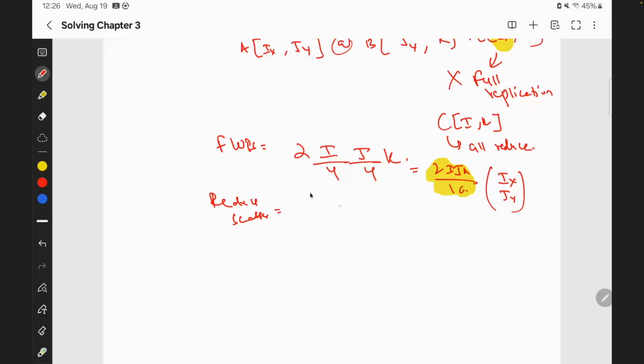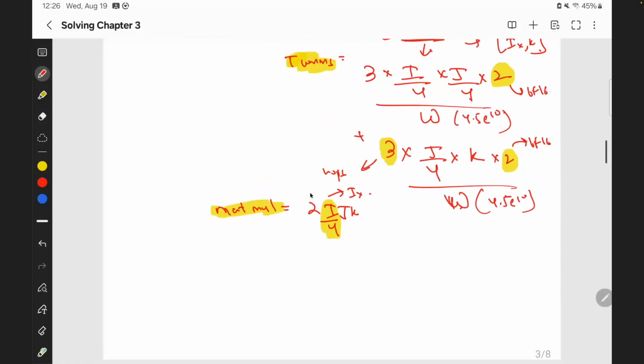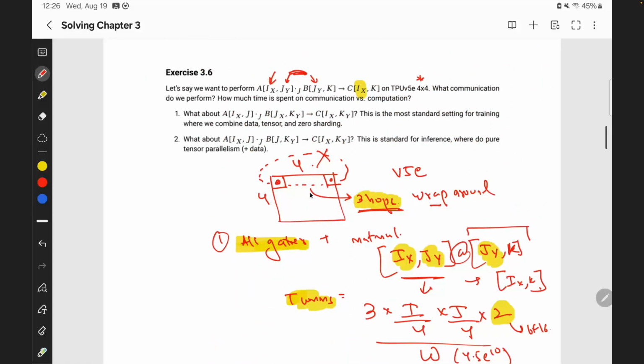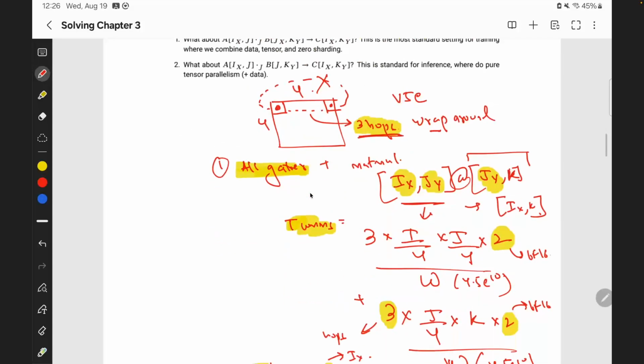Now to do reduce scatter, you again have 3, which is the number of hops. Remember that you have a TPU v5p architecture which doesn't have wraparounds, so to send data from here to here you need to have 3 hops.